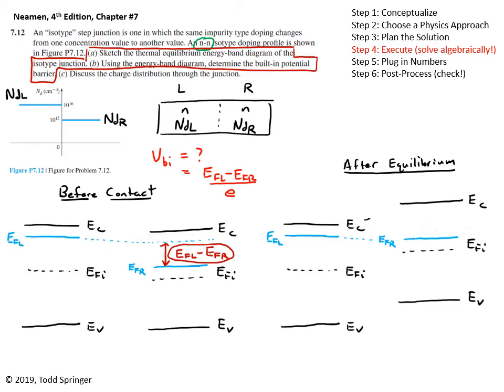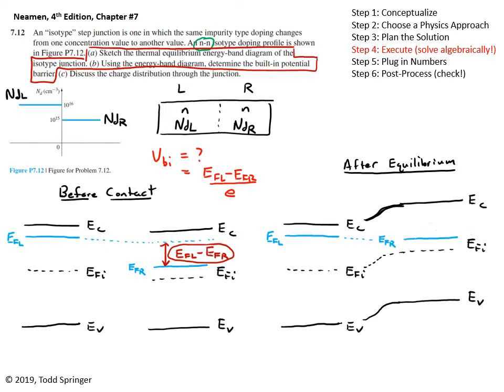And then we connect everything with a smooth curve. The conduction band throughout the whole material is connected. The valence band throughout the whole material is connected, and EF is connected. And we have a bending of the bands from one side to the other. All the other bands bend so that the Fermi energy is the same throughout the material.